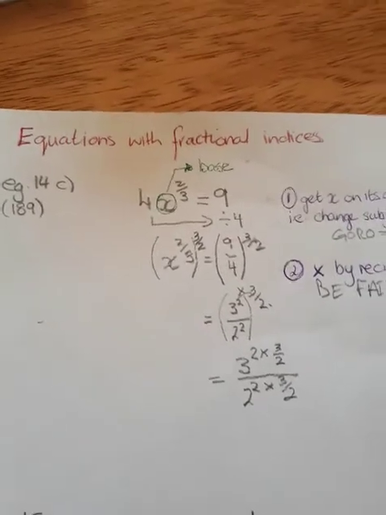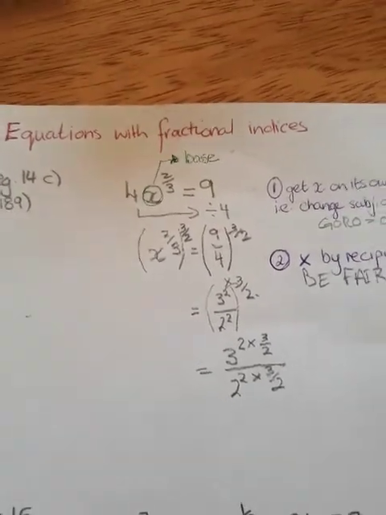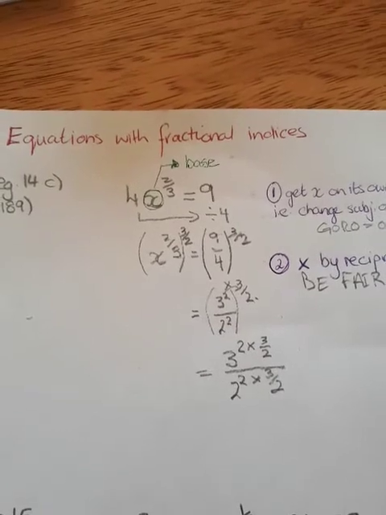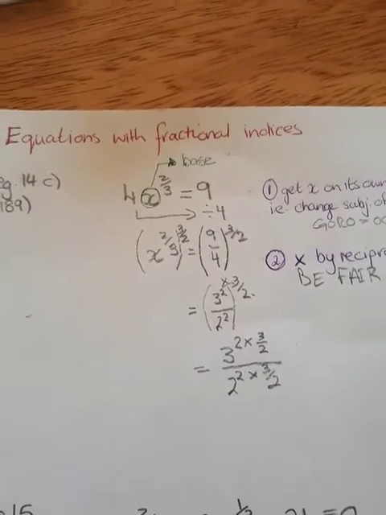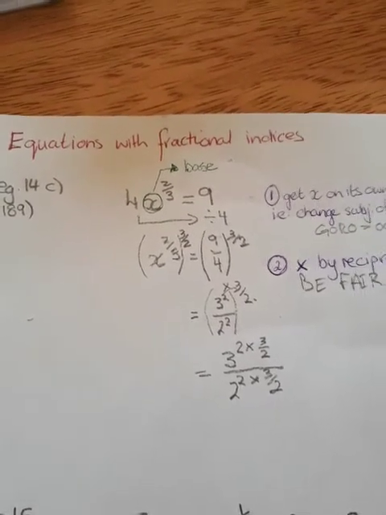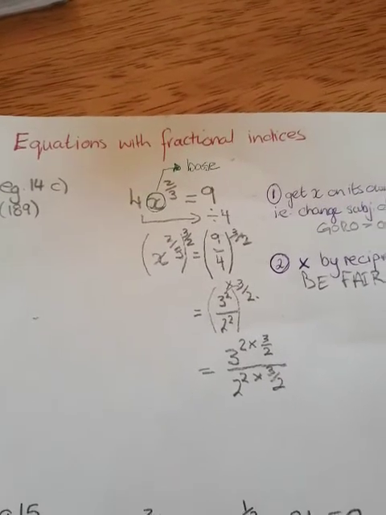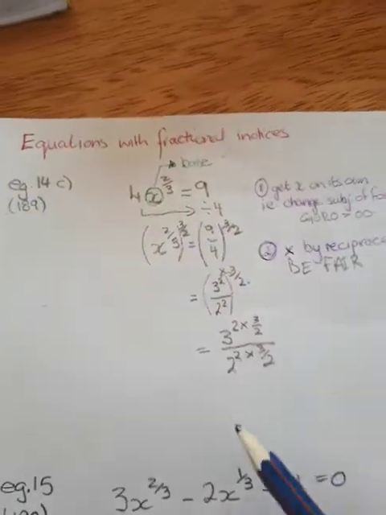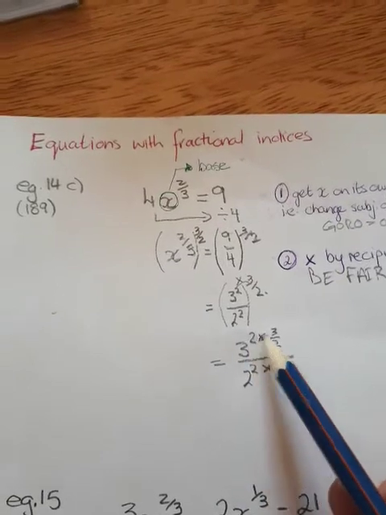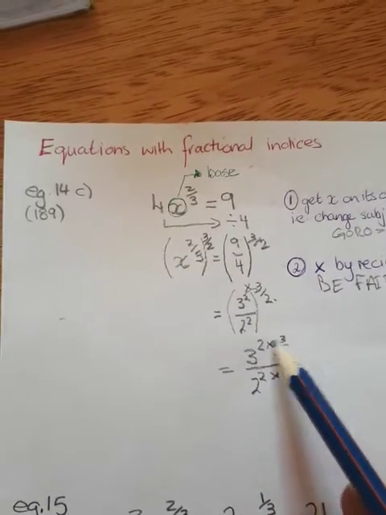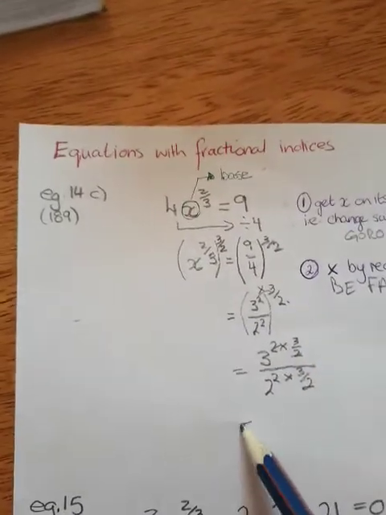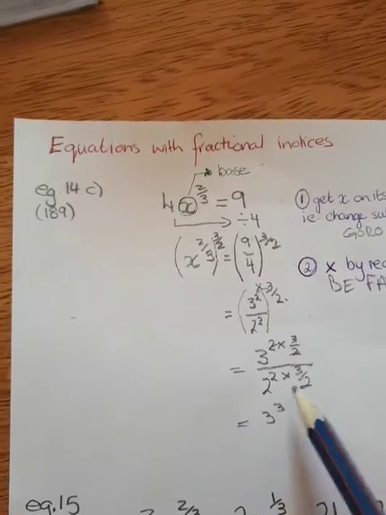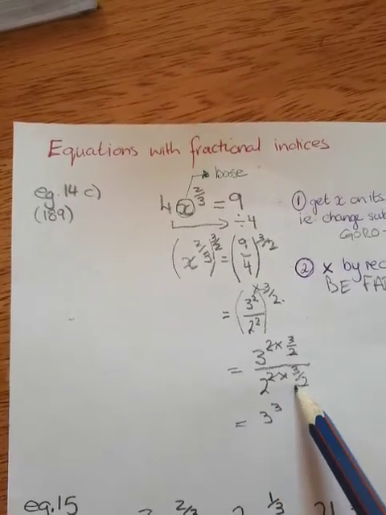If you do not know these laws, please watch the video on the basic laws of indices. That is where I explain it nicely, and where I also explain how to move this law. Okay, and then if you look at that, 2 times 3/2, we can actually cancel the 2, which gives me 3 to the power of 3. And here we can cancel the 2 and the 2.